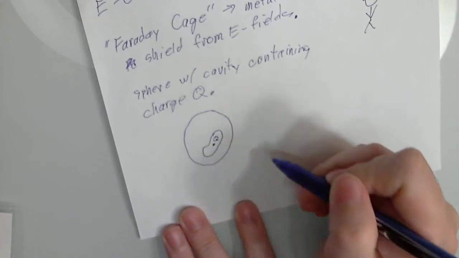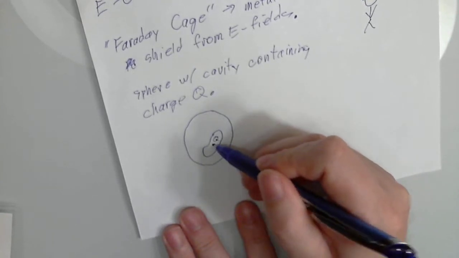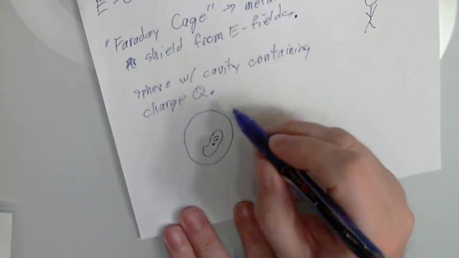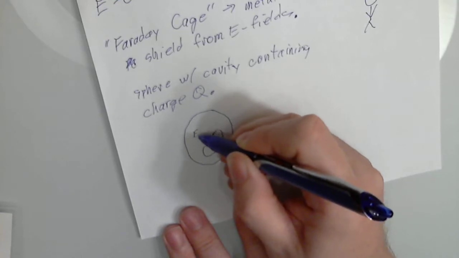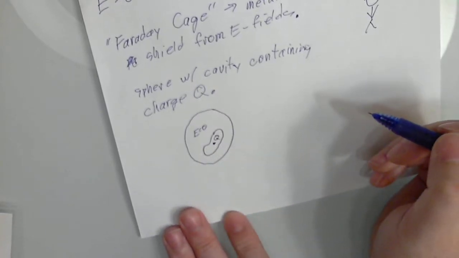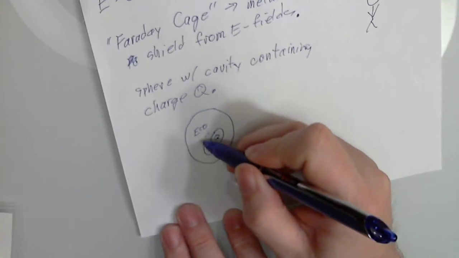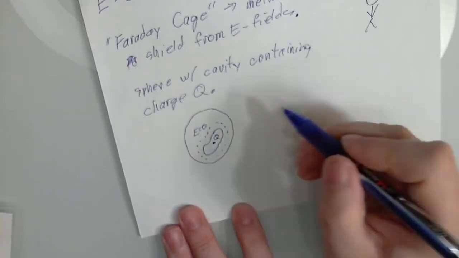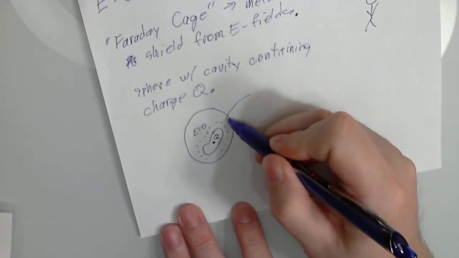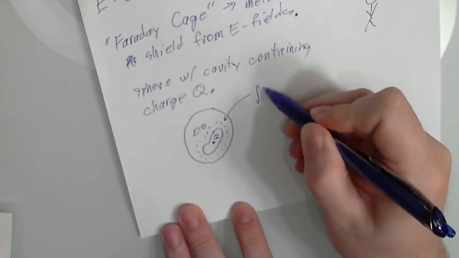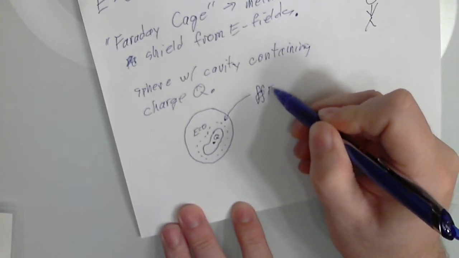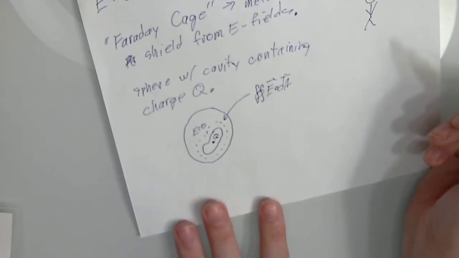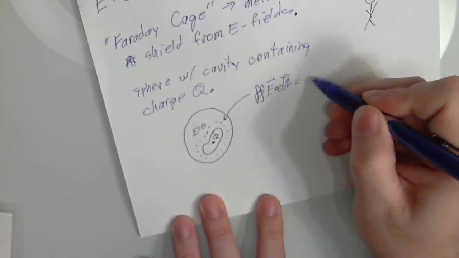Well, we're going to have some electric field from the point charge Q. How is that going to affect the conductor? Well, the conductor is going to have zero electric field everywhere within it. And so if I draw a Gaussian surface that encloses the cavity but remains inside the conductor, we can be sure that the flux of the electric field through that Gaussian surface is equal to 0.